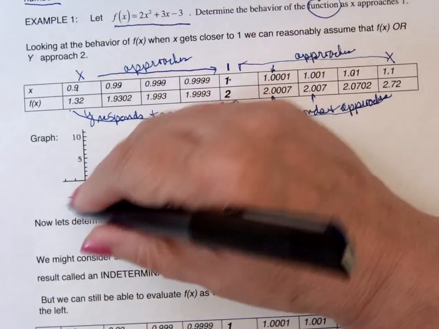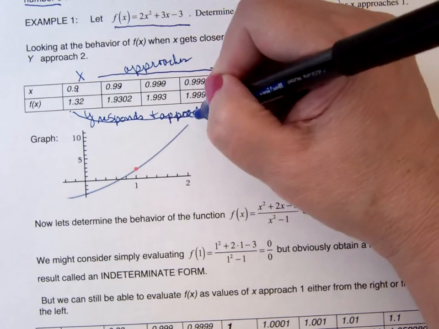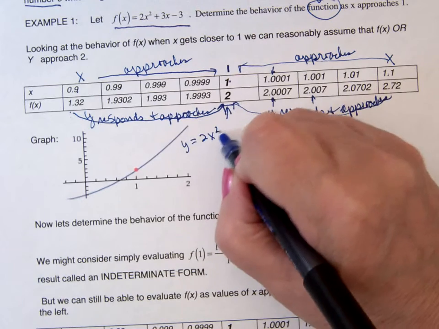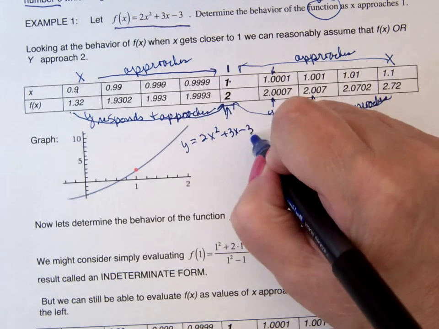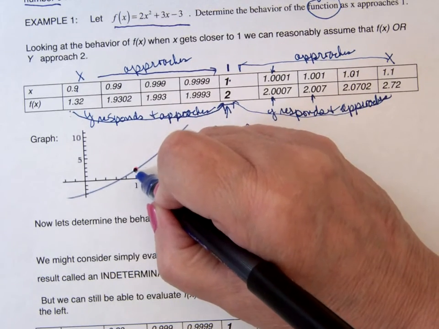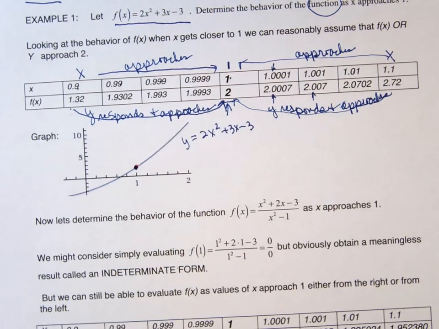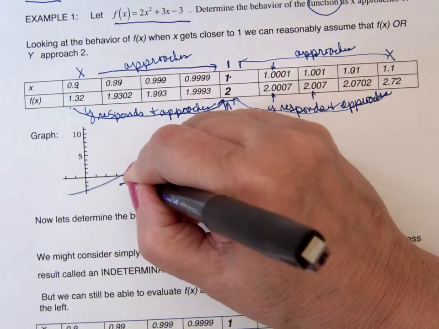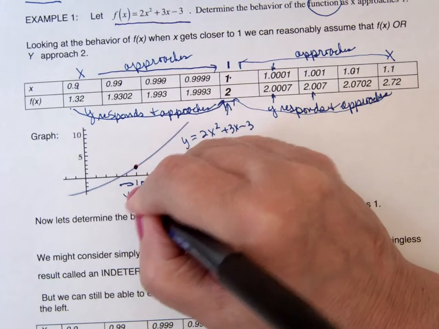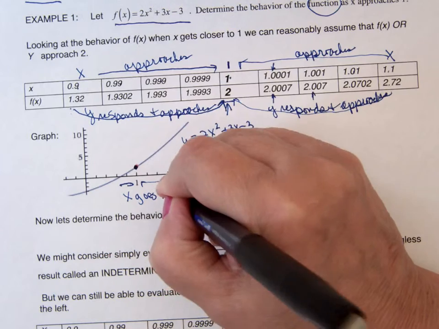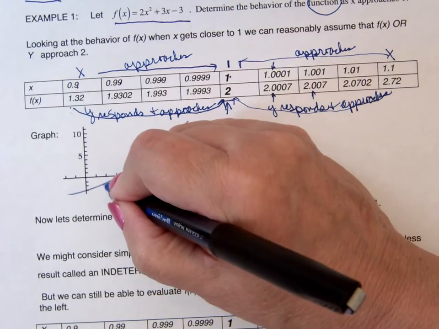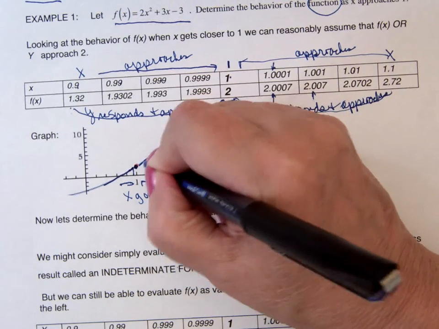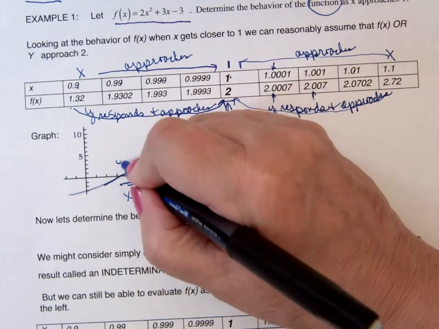So if this is the graph of 2x squared plus 3x minus 3, here is the coordinate point 1, 2. As x goes to 1, you notice on the graph that y is approaching that coordinate point.